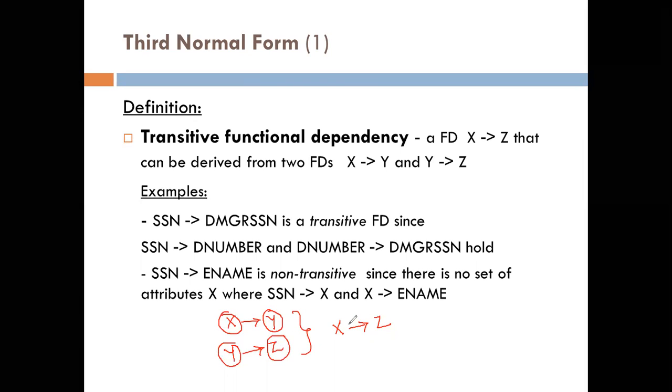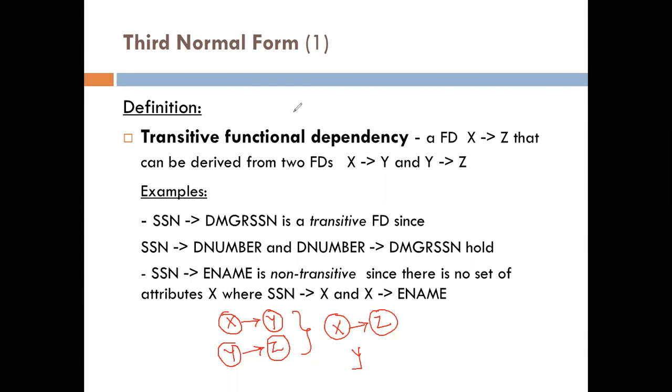So we can indirectly imply that X is determining the value of Z via the attribute set Y. So transitive functional dependency is a functional dependency X determining Z that can be derived from two functional dependencies, that is X determining Y and Y determining Z.